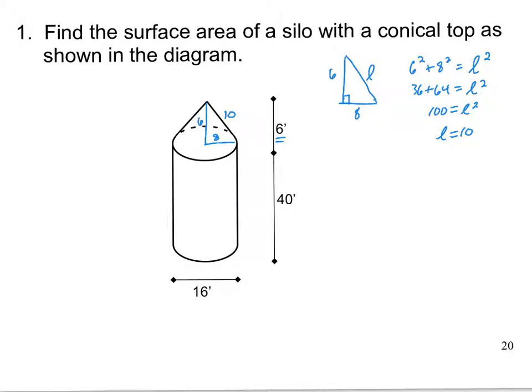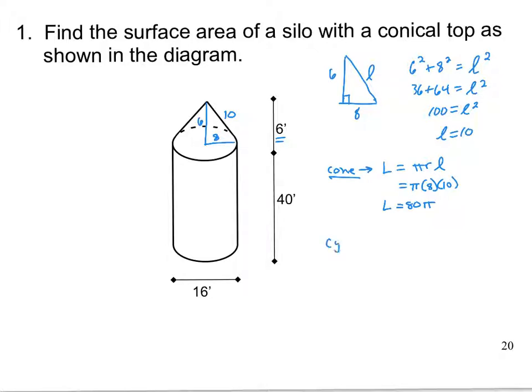So now the lateral surface area of the cone, L, is going to equal pi r L, which is pi times r, which is 8, times L, which is 10. So I have L equals 80 pi. That's for the cone. So now I need the lateral surface area of the cylinder.